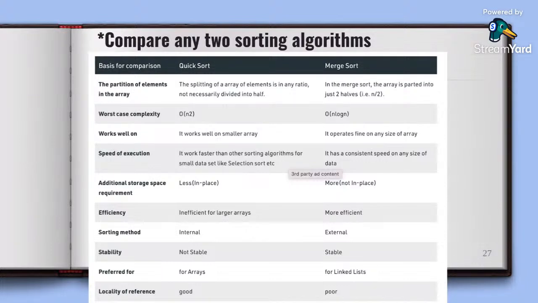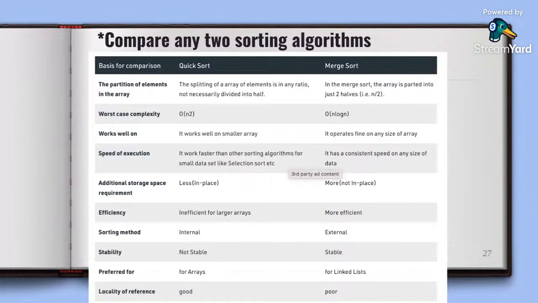For quick sort, the additional storage space requirement is less. For merge sort, the additional storage space requirement is more. The efficiency of quick sort is not good for larger arrays. Merge sort is more efficient for large arrays.